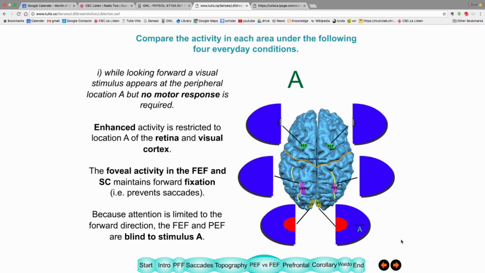So what will happen there? It'll mean that the parietal eye field, which is for saccades, the location of things that you attend to, your attention is focused there, that won't be activated. So again, attention won't let activity pass through these higher areas, and only V1 will be activated. So all you see is the activity appearing in V1. So A happens here, and on the contra V1 you see a hill of activity.